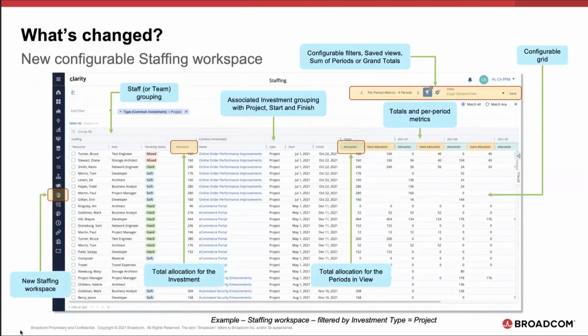As you would expect, the common grid in this workspace includes support for group by, export to CSV, configurable filtering and search, save views, options to include multiple per period metrics, as well as a configurable details flyout for allocation items. Quite frankly, these are the things that have been requested ever since we first introduced what is now called the staffing plan workspace. But this workspace is named staffing. We're going to dive deeper into staffing during the demo portion of this session.